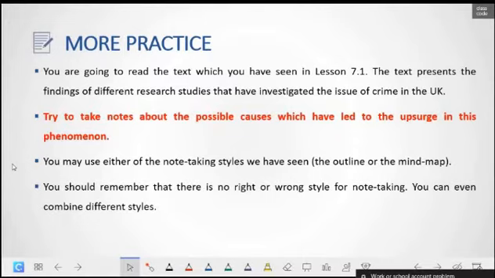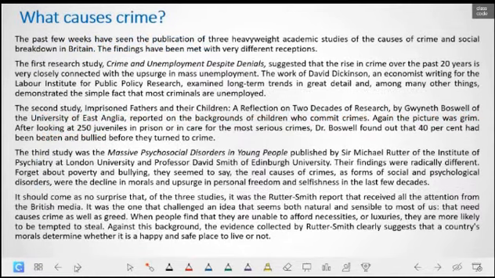So just to be clear about what you have to do now, you will read the text again and find the causes. So you have the main topic and then you have the causes. All right. I'll give you around 5 minutes to 7 minutes.